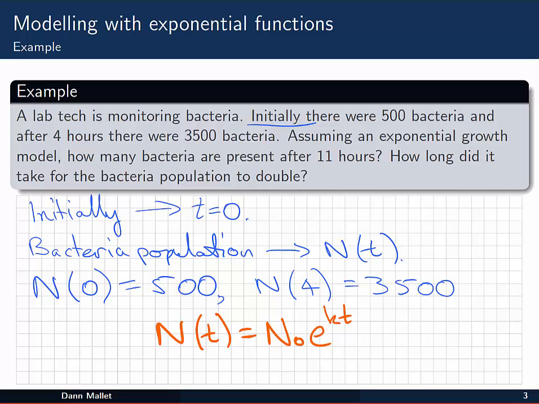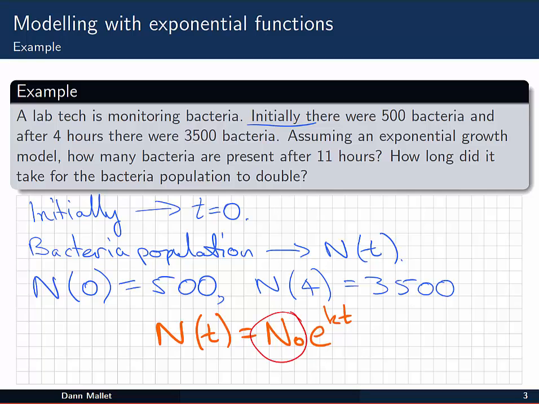At this point, it might be good to start putting things into the function for our model that we take from the previous page. The exponential growth model says that the population N at some point t in time is going to be equal to N0, the initial population, multiplied by e to the kt, where t is time and k is some constant that tells us about the rate of growth. The first thing we can pick out here is the initial population.